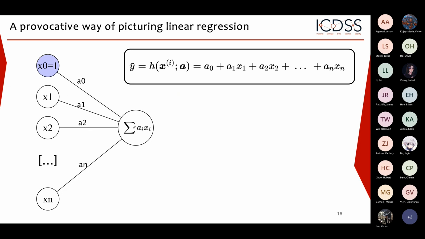And this connection means that here I'm summing all the features weighted by the parameters A0, A1, A2, and AN. As usual, we shouldn't forget to put the fake x here, X0 equal to 1.